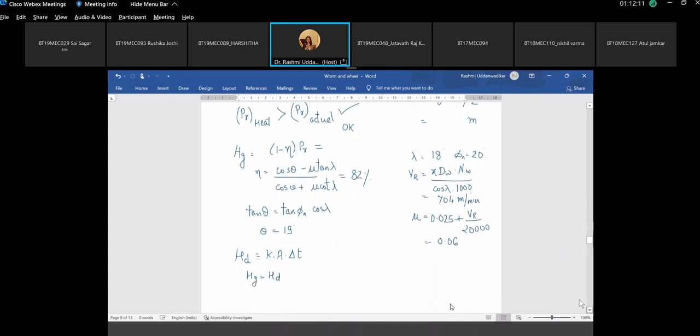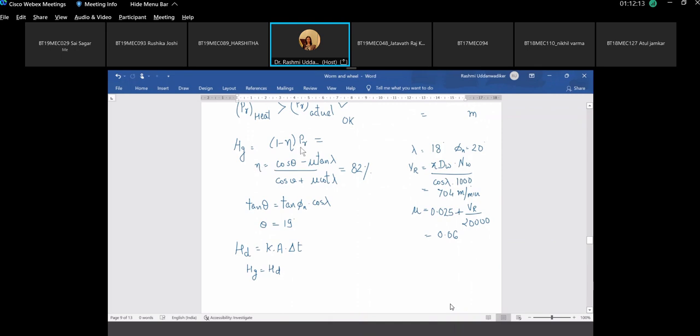Efficiency, you know, PR is the actual PR, 33.3 kilowatt. Value of K is given in the data book: 0.4 times 10 raised to minus 3 watt per mm square. We'll find del T and see that this is not crossing 60 degrees.